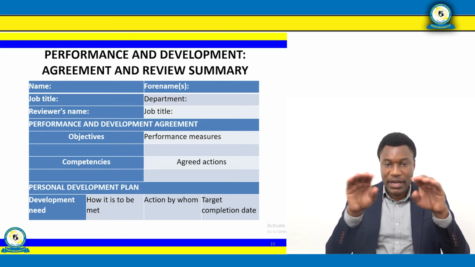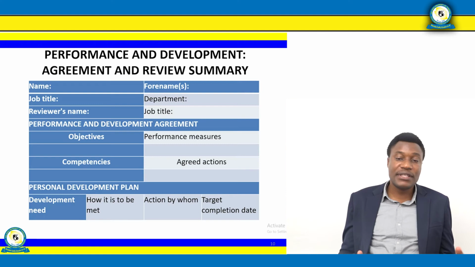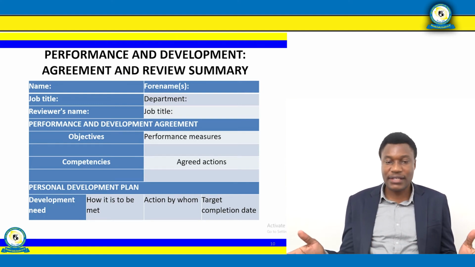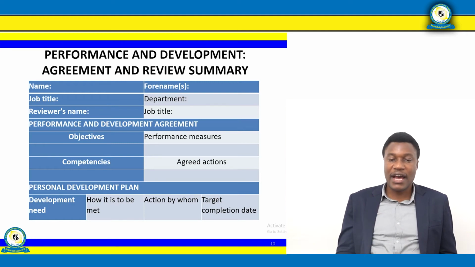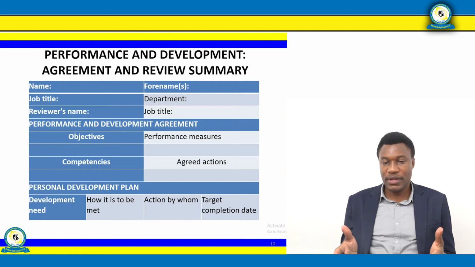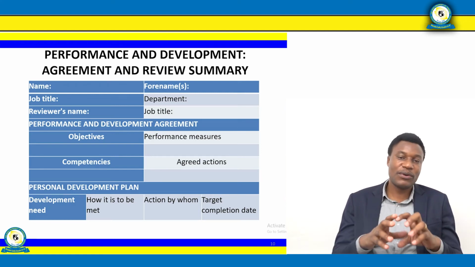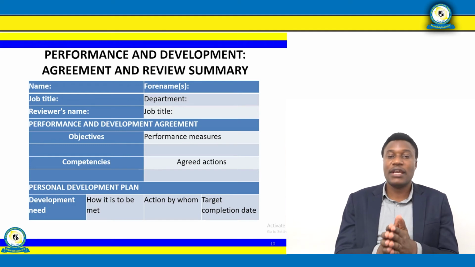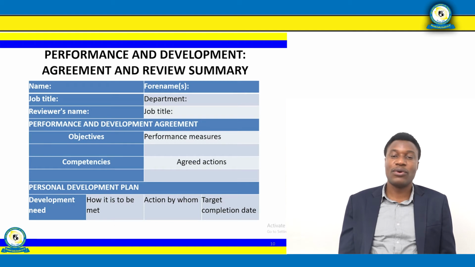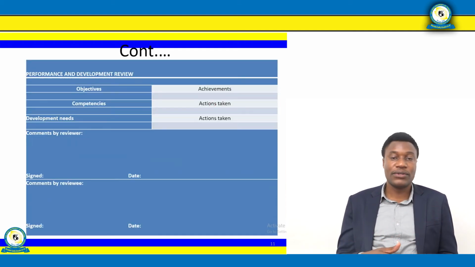Now there are some agreements here: objectives, performance measures, competences, agreed actions, personal development plans, development needs, how they are to be met, action by whom, target completion date. All this should be compiled in what? In the performance management form. So that is the sample of the document that you will see in the slide now.